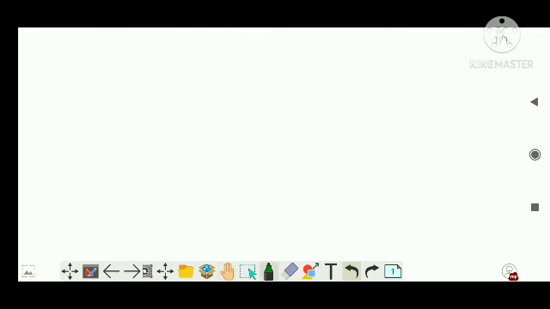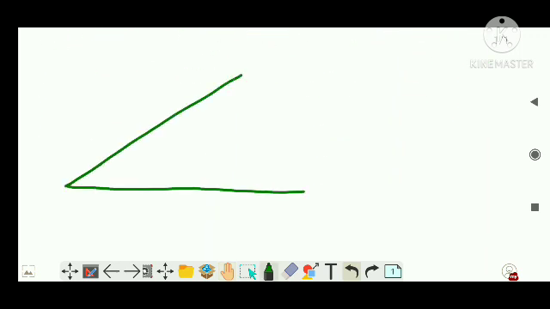Let's say this is our inclined plane, with 45 degrees given, and there is a block M. You are asked whether it will slide or not, and let's say the angle of repose is given as 37 degrees.